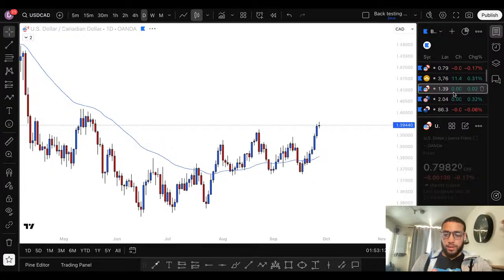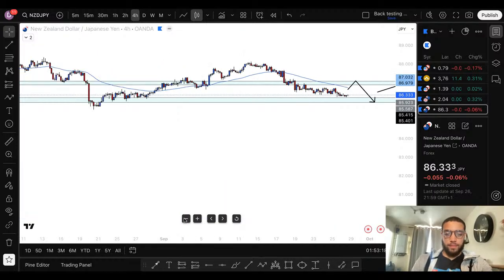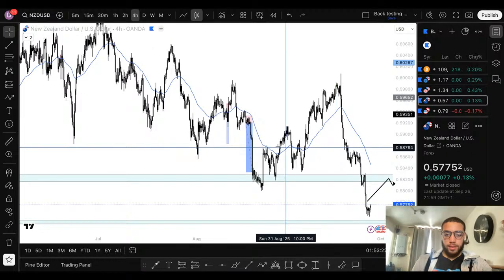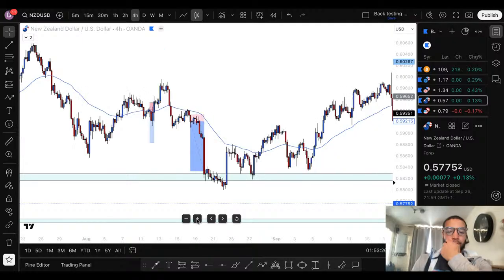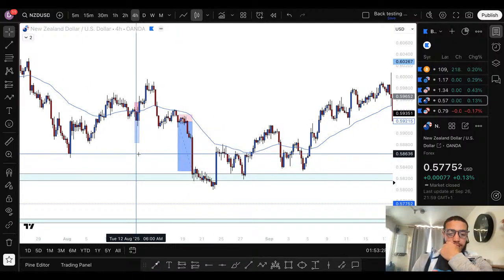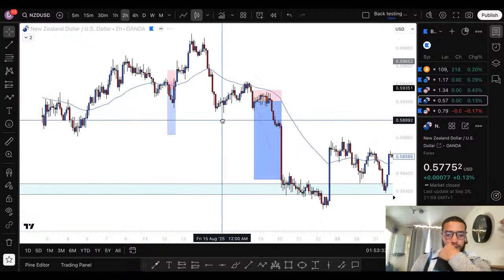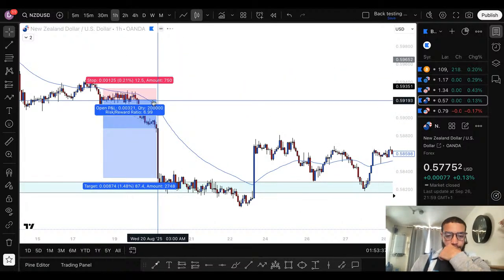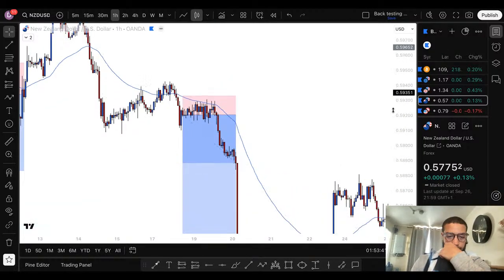So I want to go and grab, I believe you're right. So what I'm going to do is use this trade example. I believe. Am I going to use this? Okay, maybe I'm not going to use this.